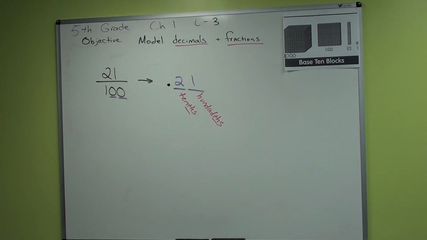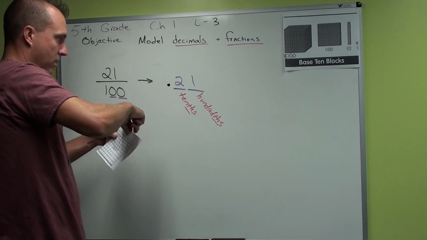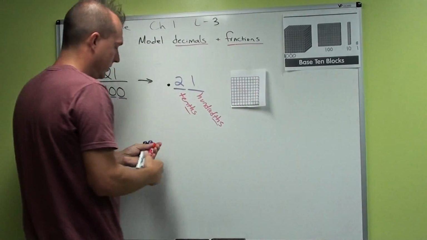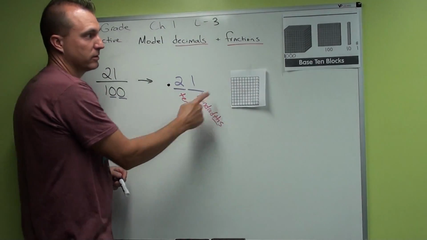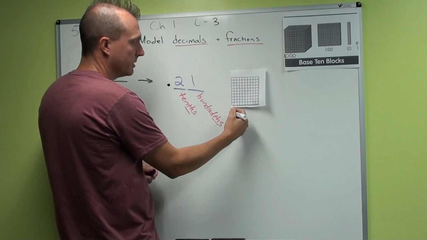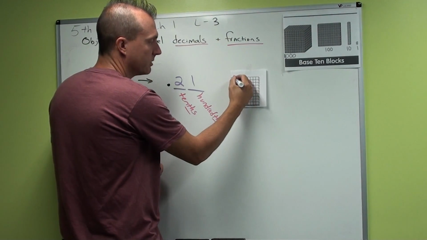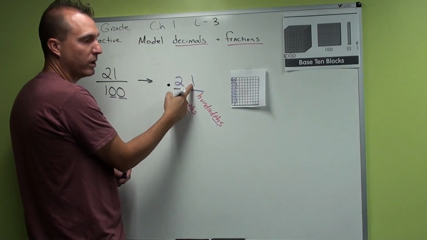Here we go. Get a piece of tape here. If this was here, this is my hundredths. And I need to fill in 2 tenths. 2 tens. So that means this whole row is a 10. If you do another one, that's 20, and I need one single.